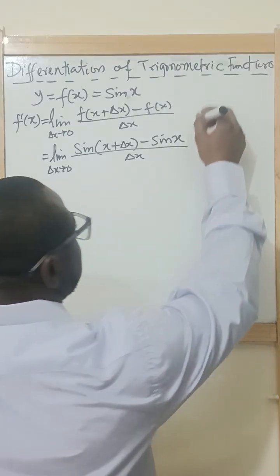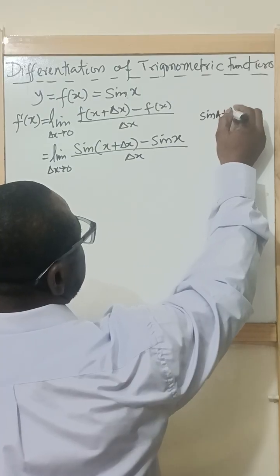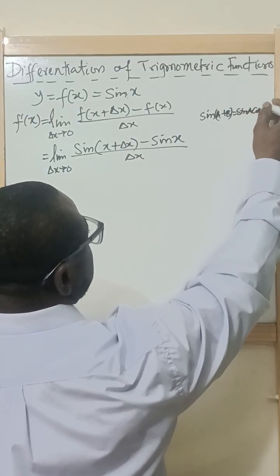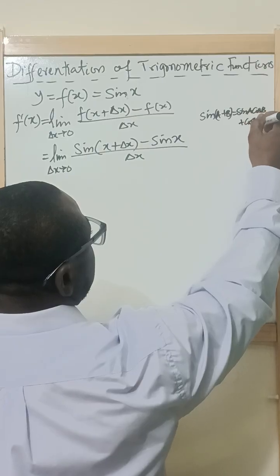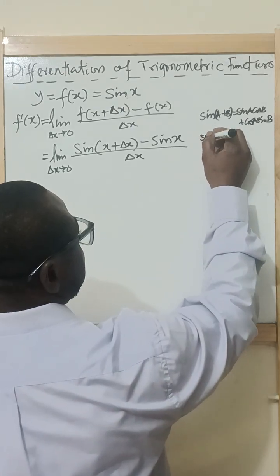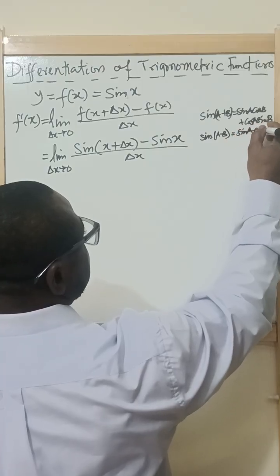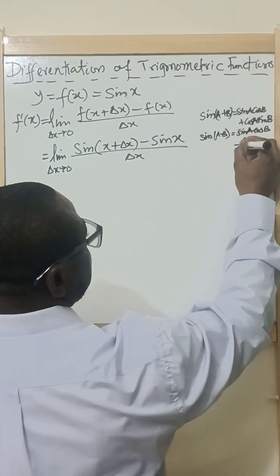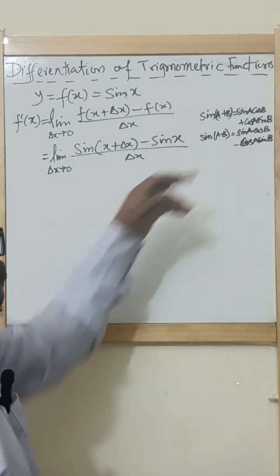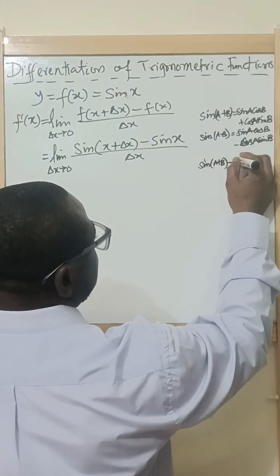When we say sine of A plus B, it is sine A cos B plus cos A sine B. And when we say sine of A minus B, that will be sine A cos B minus cos A sine B.